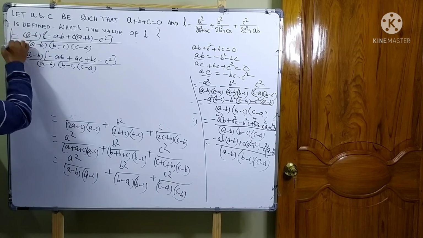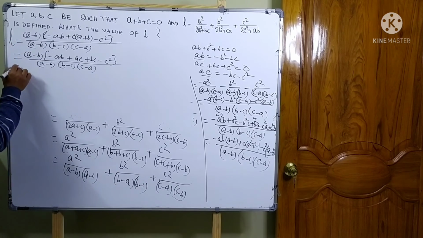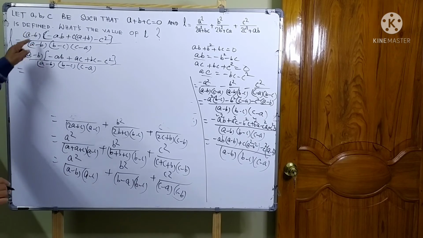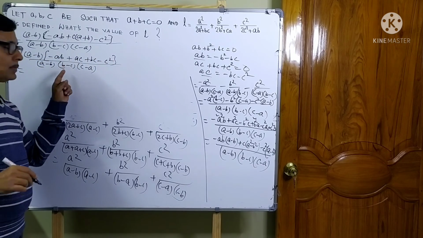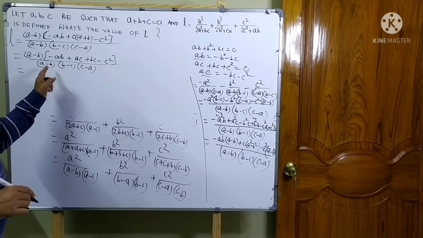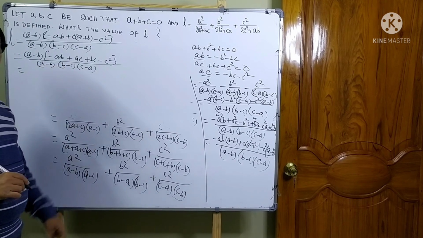This is also L, this is the value of L. So L equals this, and L equals a minus b multiplied by this over the denominator a minus b, b minus c, c minus a.